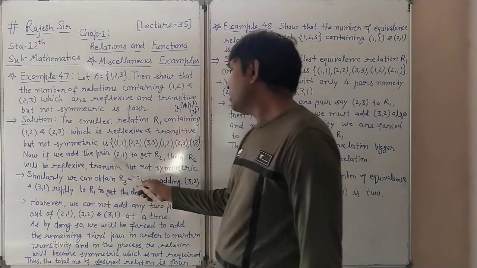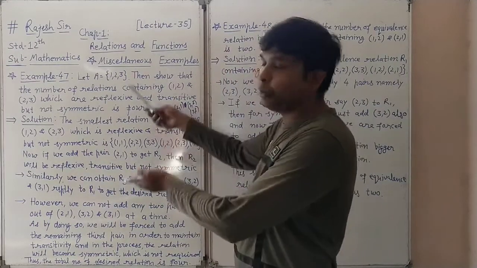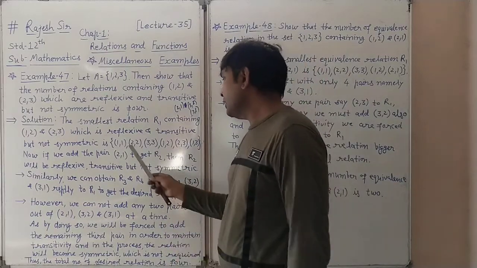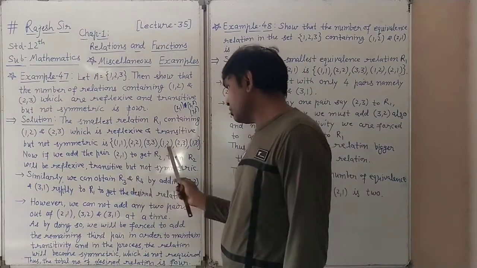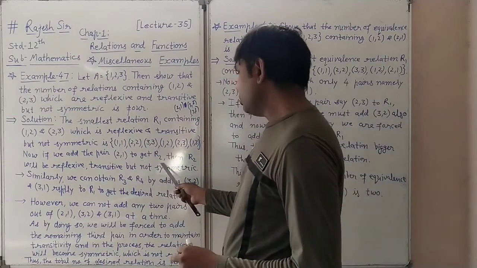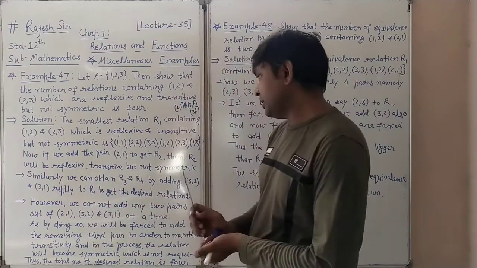Now suppose this is the correct relation according to the question. If I add (2, 1) to get R2, then R2 will be reflexive, transitive but not symmetric.